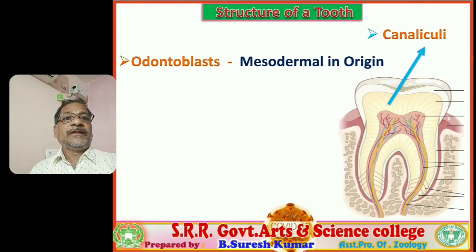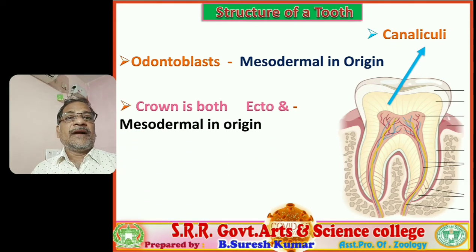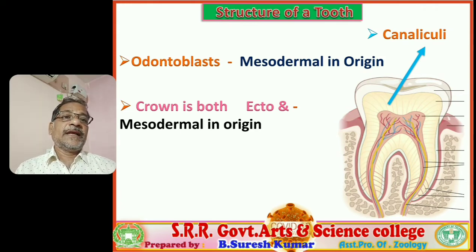So you verify this visual also, the canaliculi are clear and mesodermal in origin. The crown is both ecto and mesodermal in origin. Why? Because the crown is externally enveloped by the enamel layer, and beneath it a dentin layer is present.